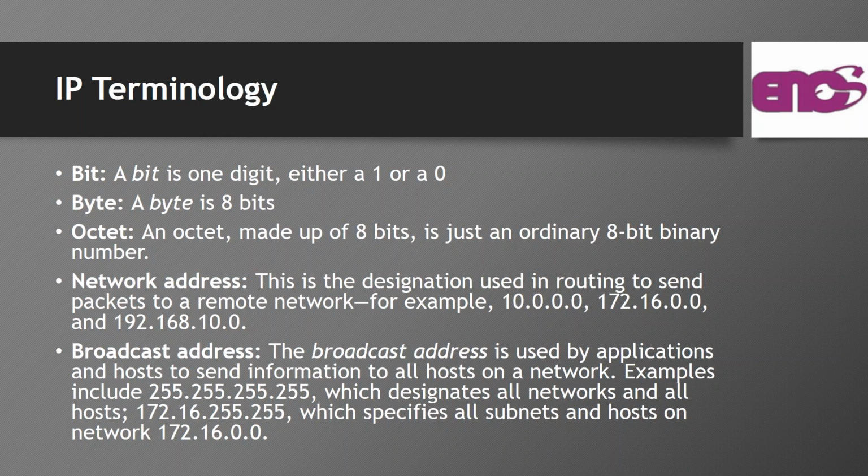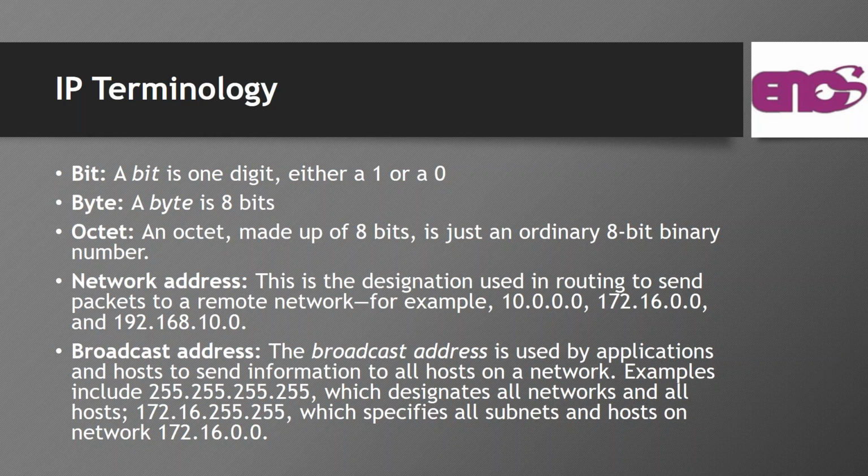Now, in IP terminologies, you will come across network addresses, and you will come across broadcast addresses. Network addresses are like the name of a network, just the way everybody in a family has the same surname. If you come to a family, let's say Augustine's family, everybody bears that surname: the father, the mother, the children.